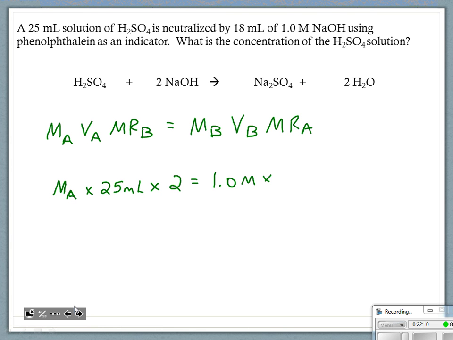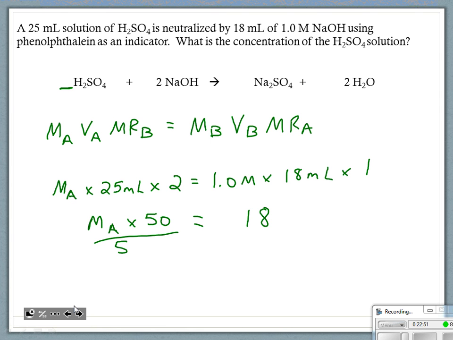What is my VB? 18 what? Are my volumes consistent? Yes. What is the molar ratio of my acid? 1. Here's my acid, right? What's the coefficient? 1.